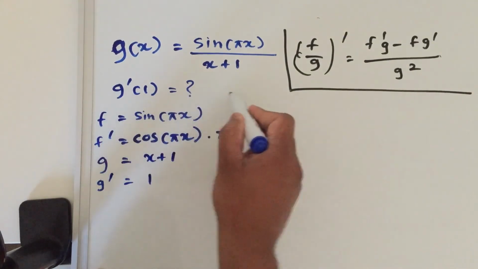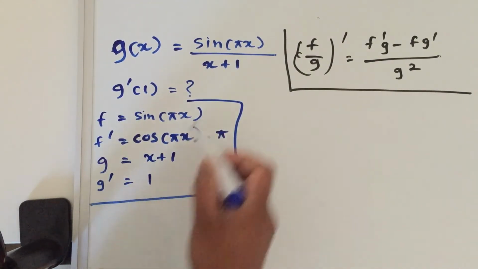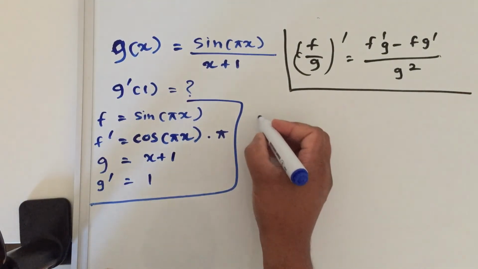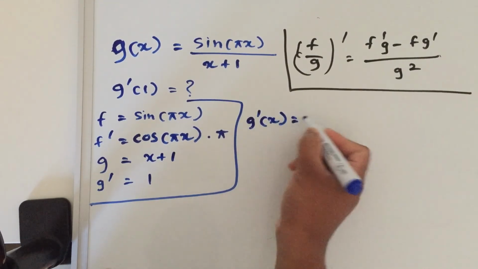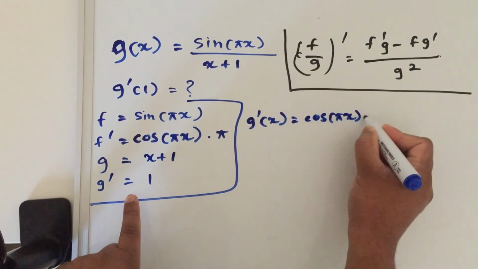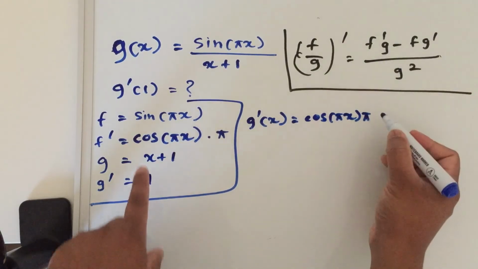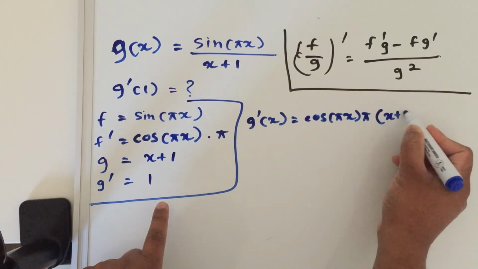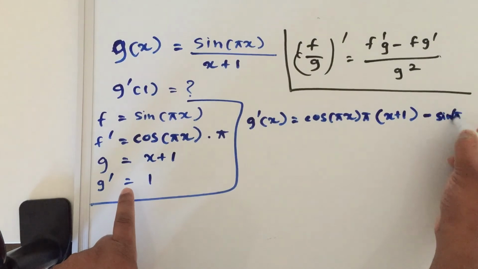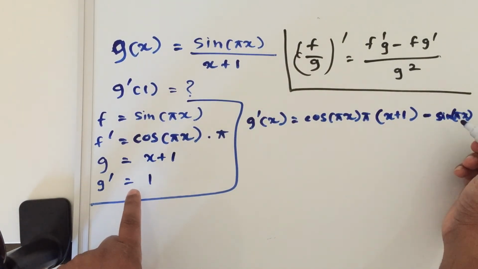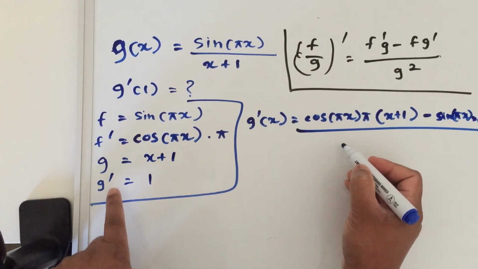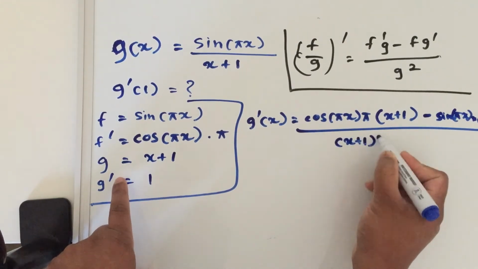So now we have to apply this rule. We can write it as g dash of x is equal to f dash, which is cosine pi x times pi, times g, which is x plus 1, minus f, which is sine pi x, times g dash, which is 1, divided by g squared, which is x plus 1 squared.